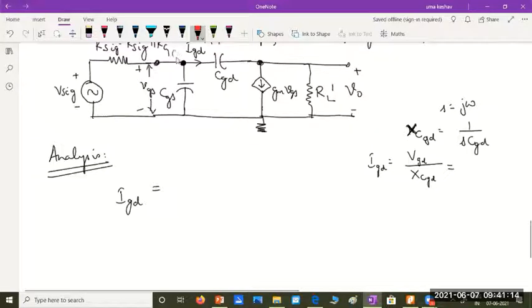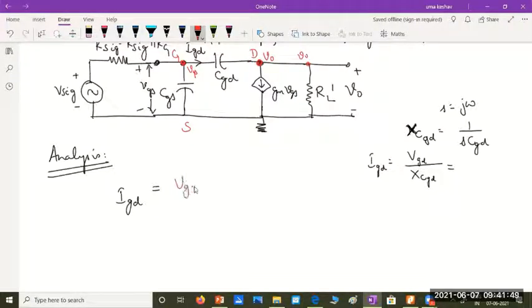Isn't it VGS? The voltage here at this end is VGS. And what is the voltage at this end? It is V0, the output voltage. So you can see that the voltage at the gate is VGS. The voltage at this end is V0. So what would be this voltage?